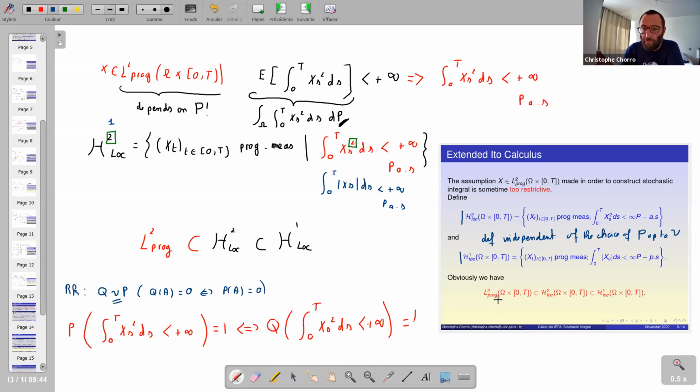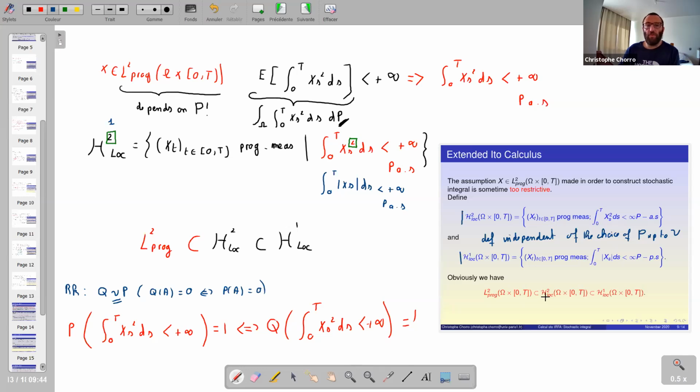And you will see that in the financial part, we will start with the probability P that we will call the historical probability, and using some financial definitions and arguments, we will make appear a probability Q equivalent to P that we will call the equivalent martingale measure.